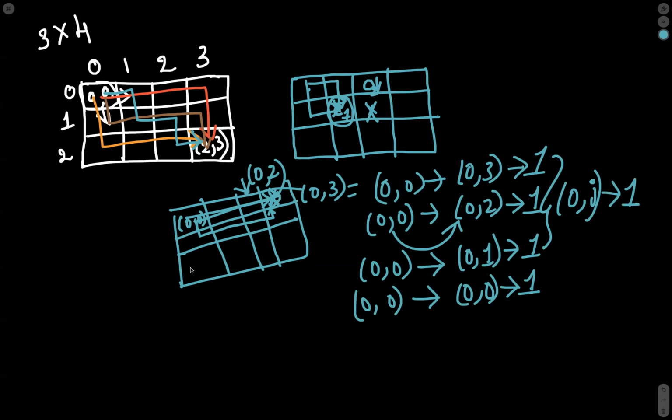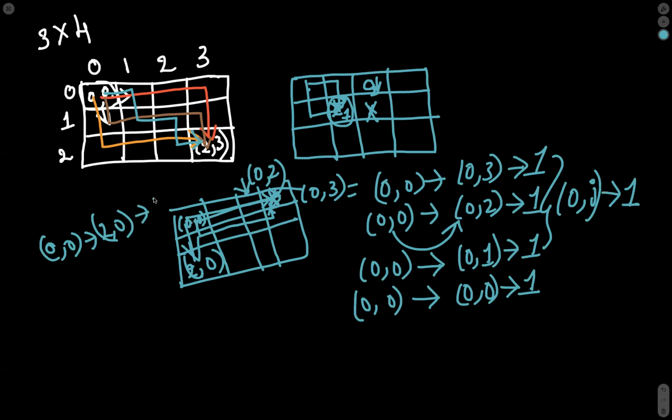In the same way, if I take this cell, the row should be 2 and the column should be 0. From source 0 comma 0 to destination 2 comma 0, there is only one way.